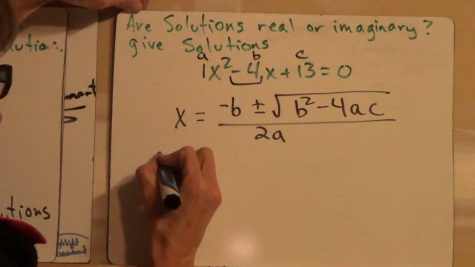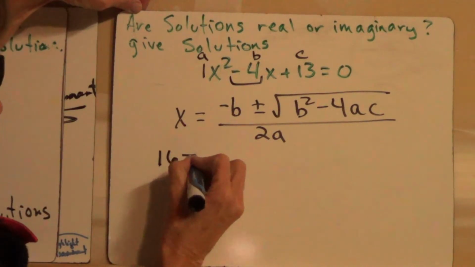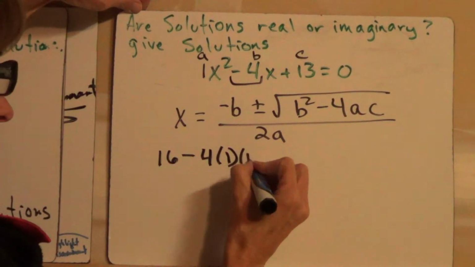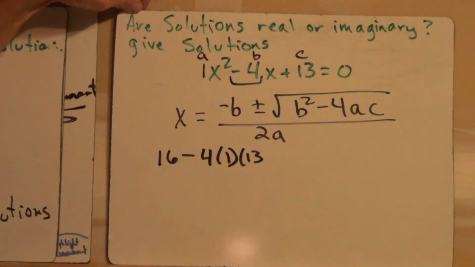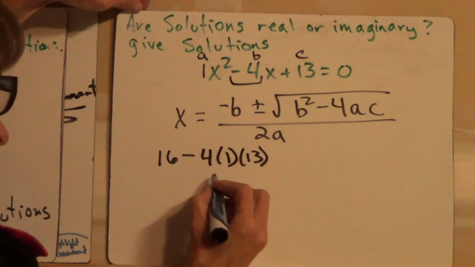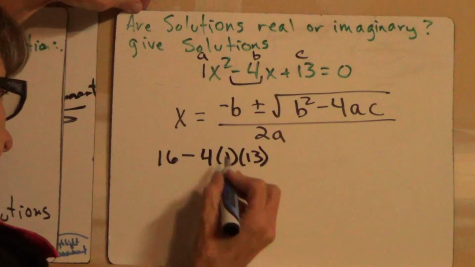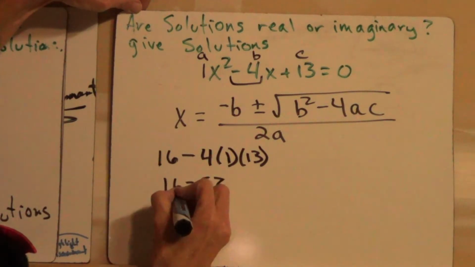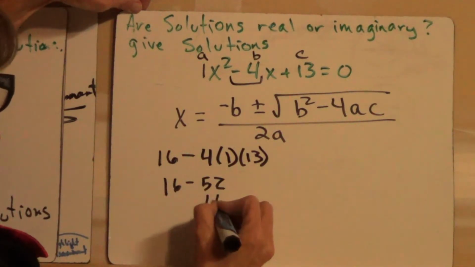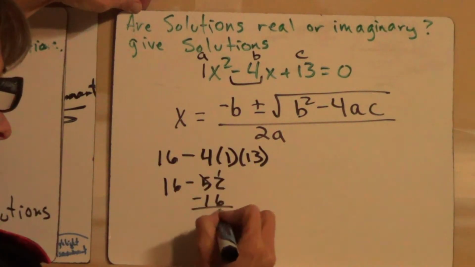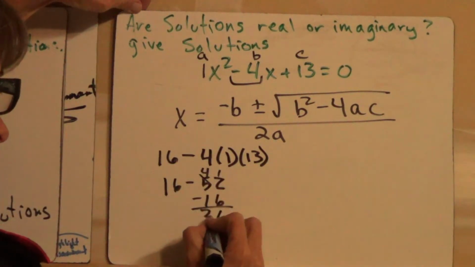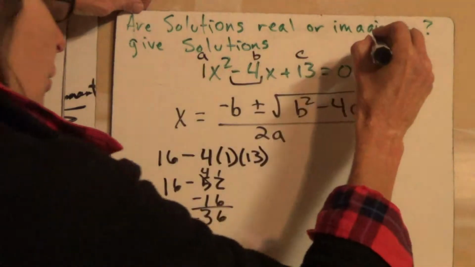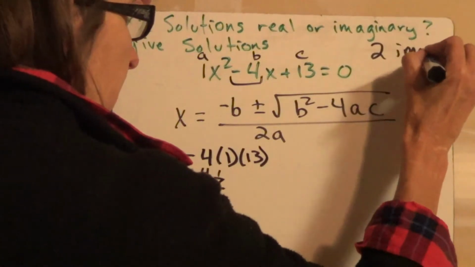So b squared, that would be 16, minus 4 times 1 for the a, 13 for the c. 4 times 13 is 52, times 1 is 52. 16 minus 52 is -36, so it is 2 imaginary.